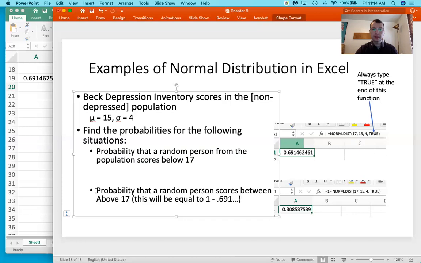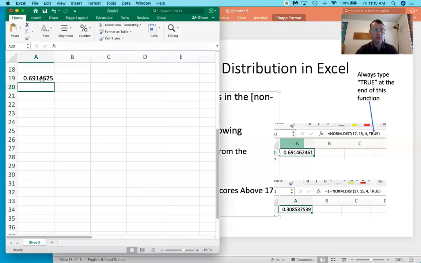Let's try the probability that a random person scores, oh, this should just say above 17, so at least 17. How do we do this? Well, whenever we want an above, all we have to do is use the following terminology. I'm going to delete this and imagine that we haven't computed this probability before.